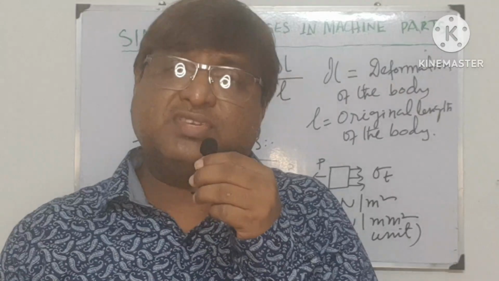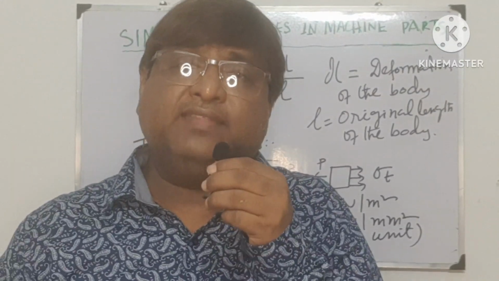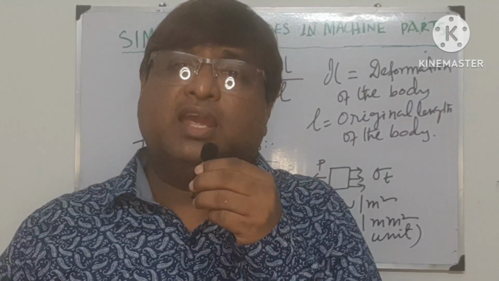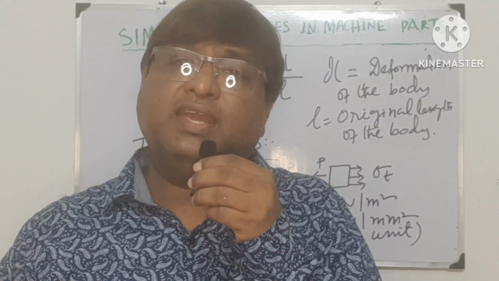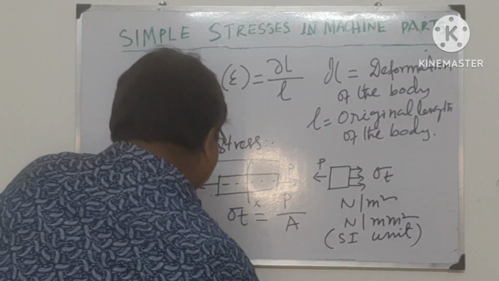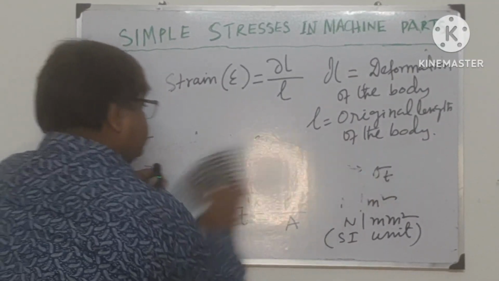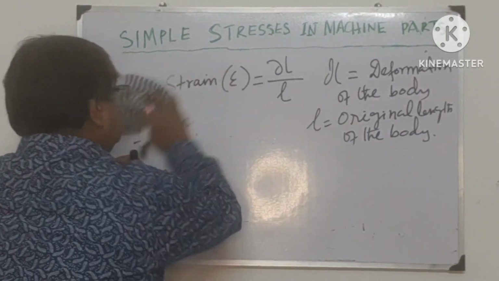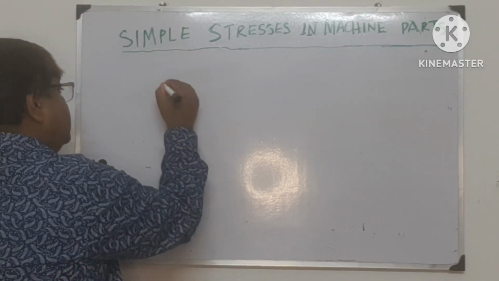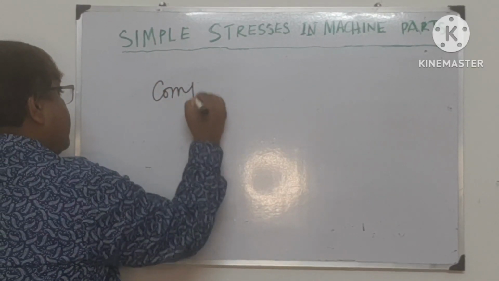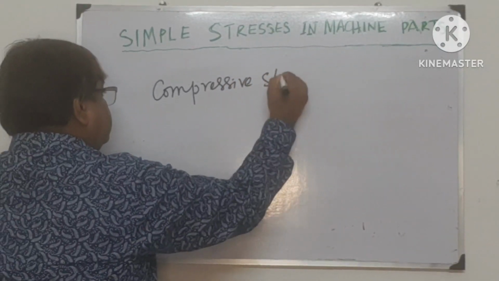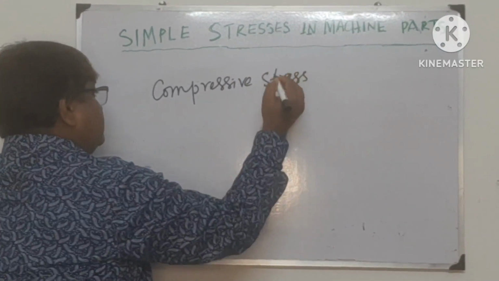In compressive stress, the length of the body is decreased and the cross sectional area of the body increases.